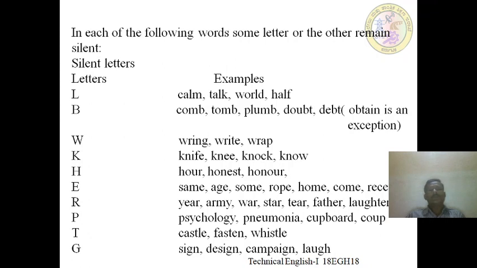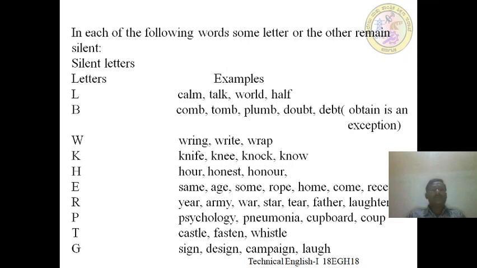W, here W becomes silent in wring, ring and write, we are quite familiar with the word write, and wrap. Then K becomes silent in the words knife, knee, knock, know.